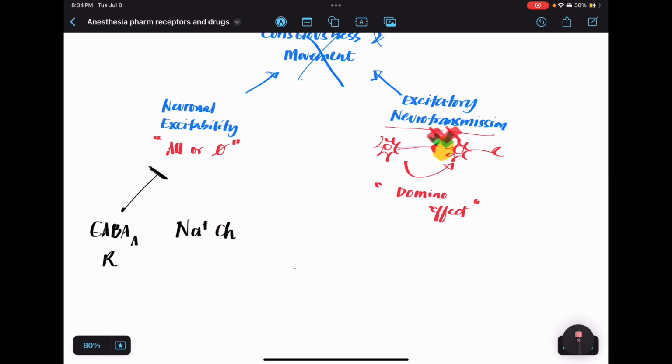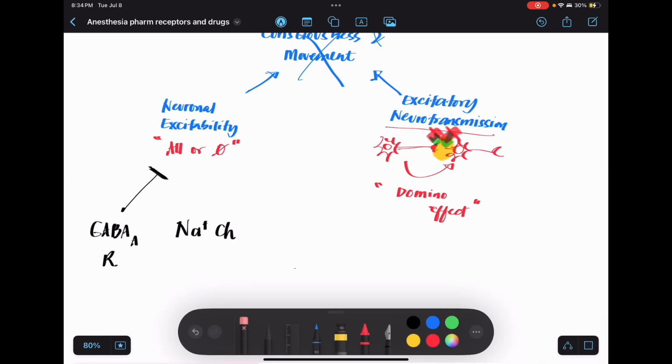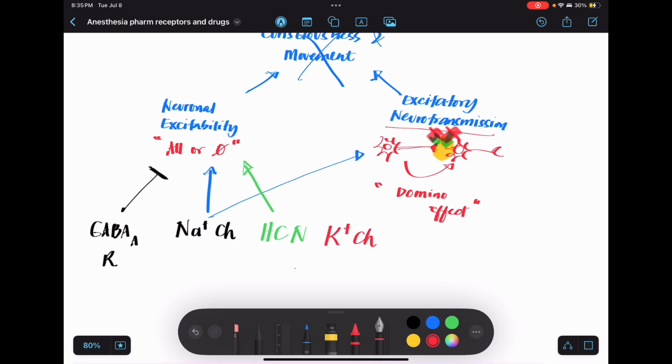Let's make it a different color so that it's easier for you to see later. And then HCN channels here, which is excitatory. And then potassium channels, background potassium channels, which is inhibitory. And then NMDA receptors, which is also excitatory.